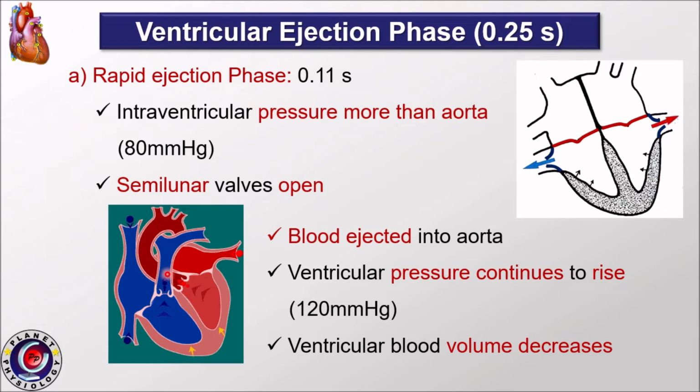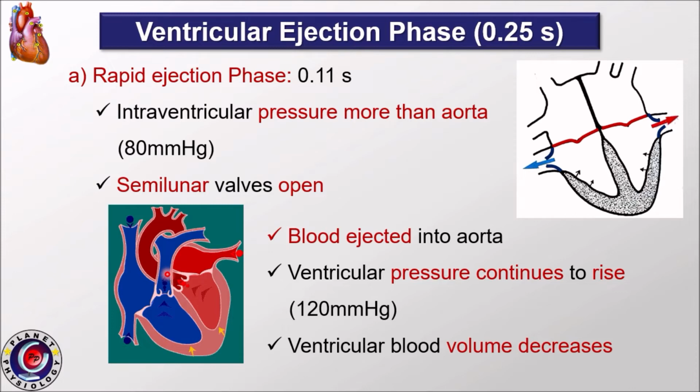Even though blood is being pushed into the blood vessels, ventricular pressure continues to rise. This left ventricular pressure will further continue to rise till 120 millimeters of mercury, which corresponds to the systolic blood pressure. In case of the right ventricle, the pressure rise will be lesser. It will be from 0 to 25 millimeters of mercury.